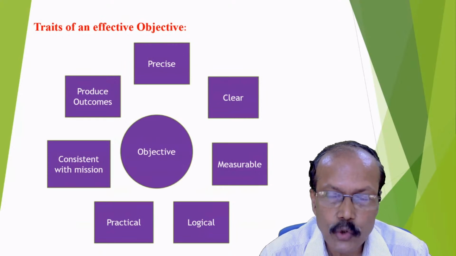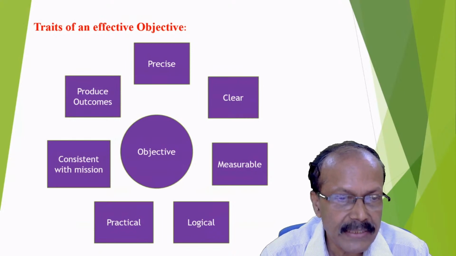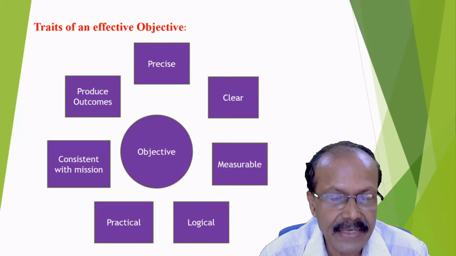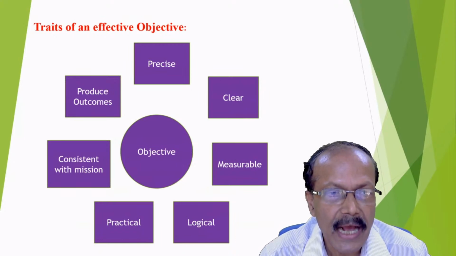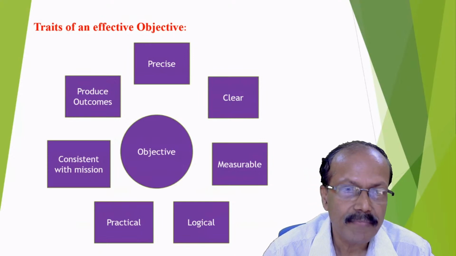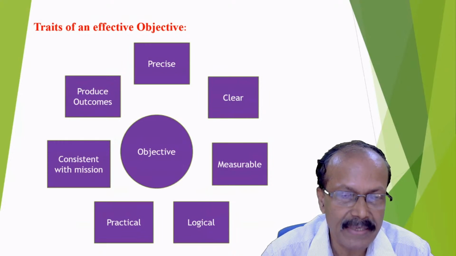The objective should be logical, and it should be relevant and practical. The objectives should be consistent with the mission that is set by the organization, and also the objectives should produce outcomes. What is the outcome of following the objectives by each and every functional department?